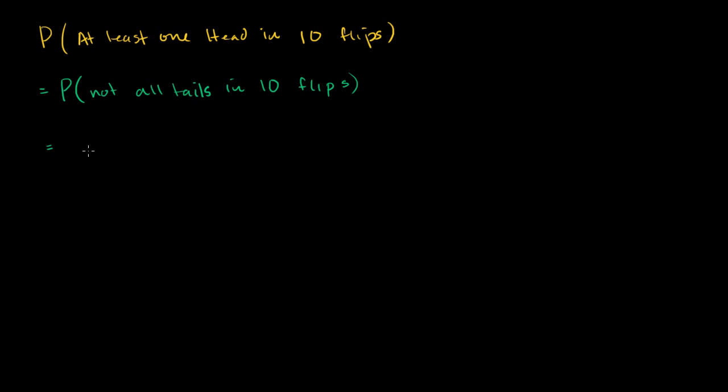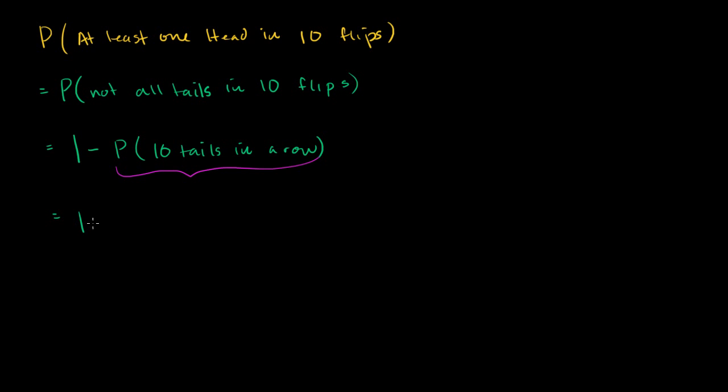And this is going to be 1 minus the probability of flipping tails 10 times. So it's 1 minus 10 tails in a row. Let me just rewrite it.